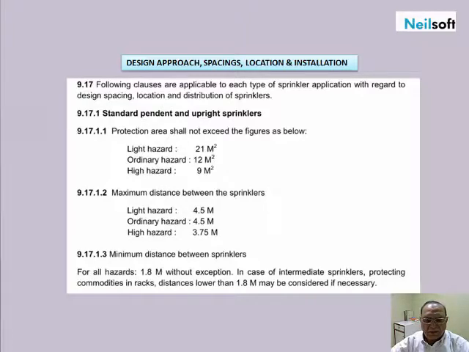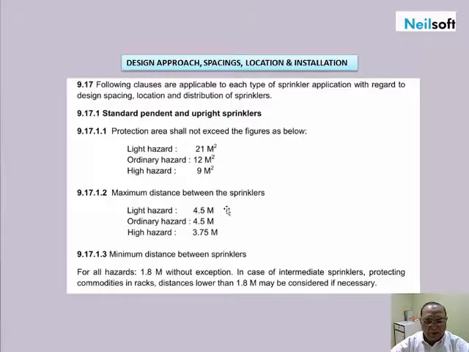See, the following clauses are applicable for the design of the systems, which we already discussed and re-explained over here, that light hazard protection area shall not exceed the figures as below: 21 meter square light, 12 meter ordinary, and 9 meter.